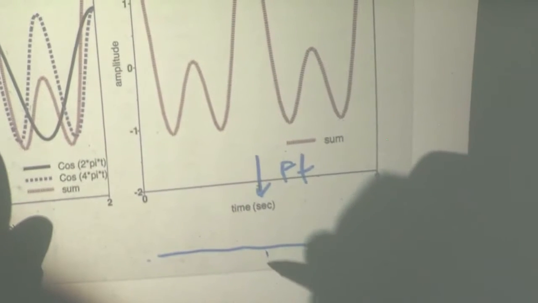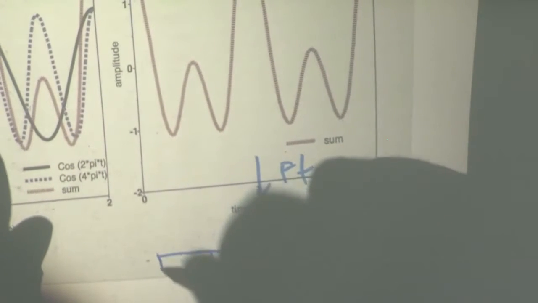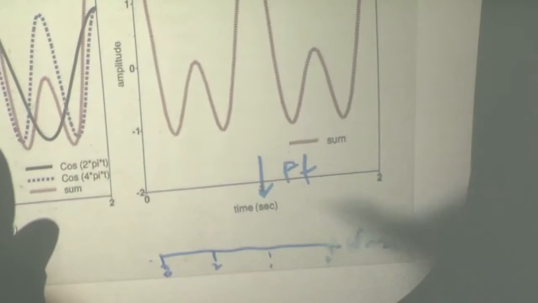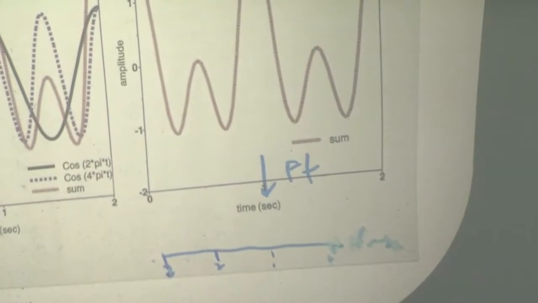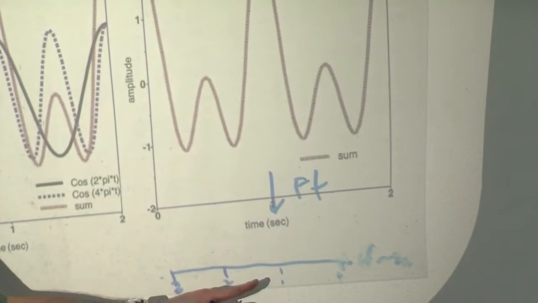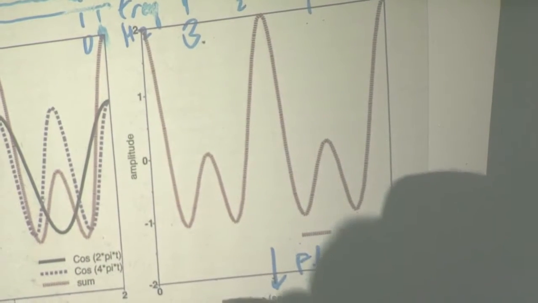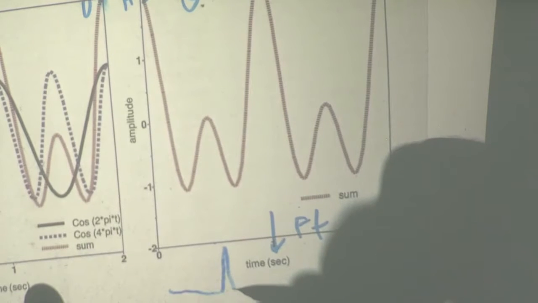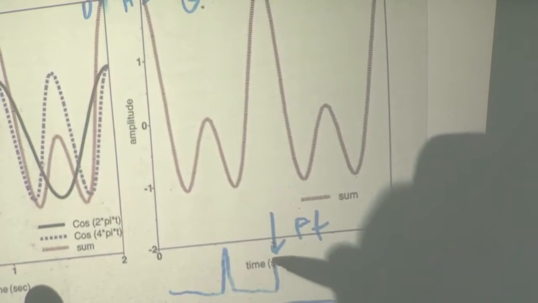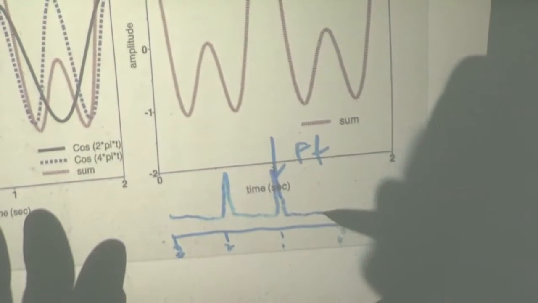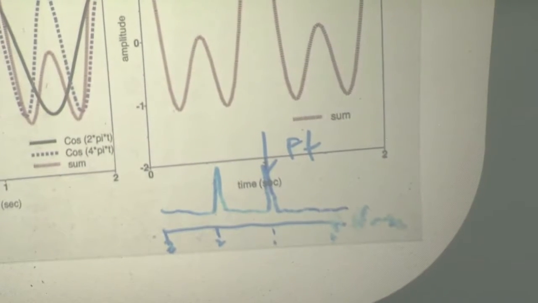I'll just represent that as 0, 1, 2, 3, etc. But now the Fourier transform is going to be a peak at 2 hertz, and a peak at 1.